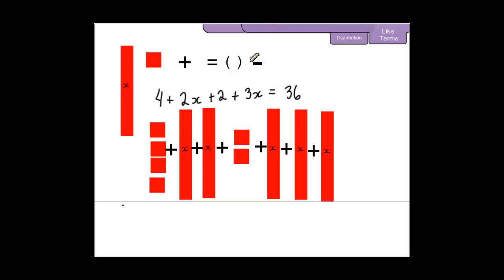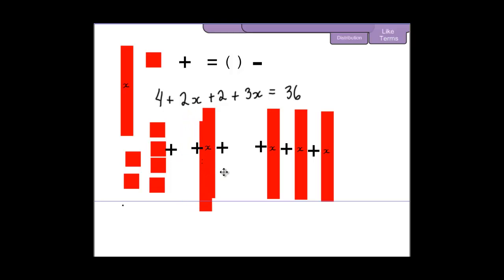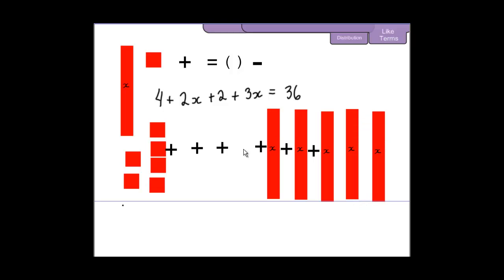Can you combine things that are the same? Well, if I look at it, this is the same as those, and these are the same as those. So now I essentially have this, don't I?